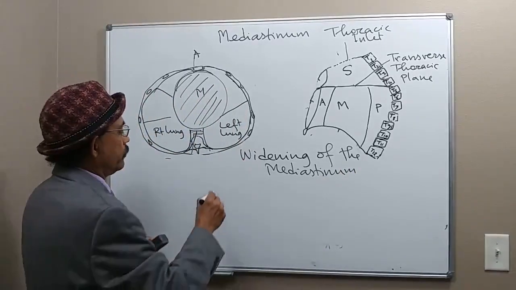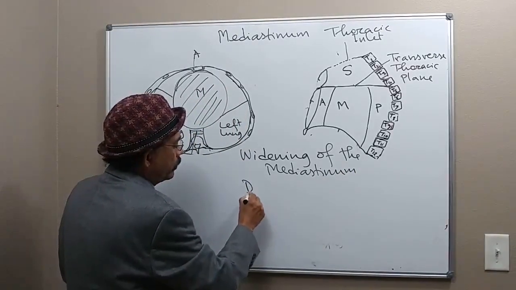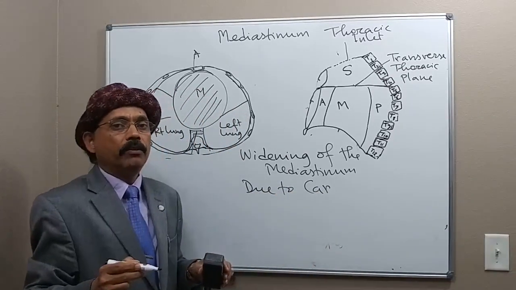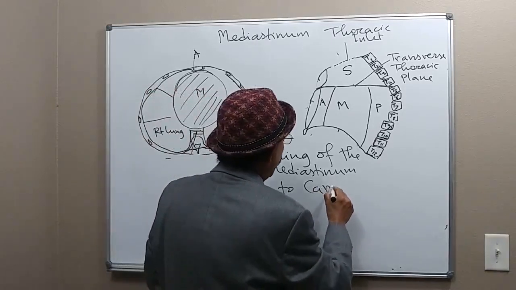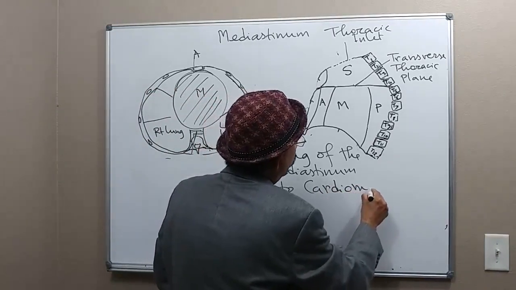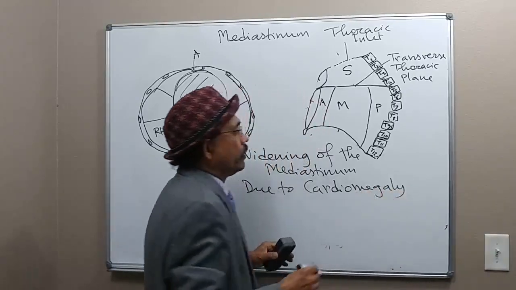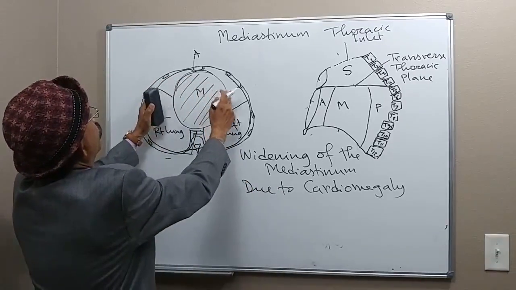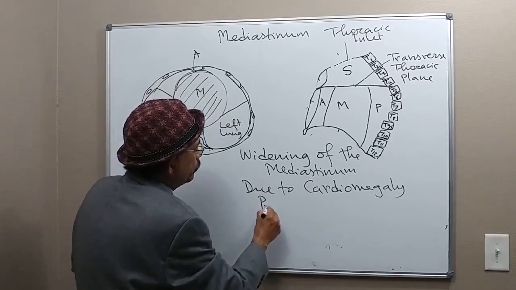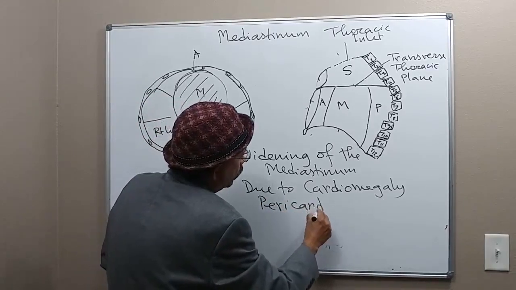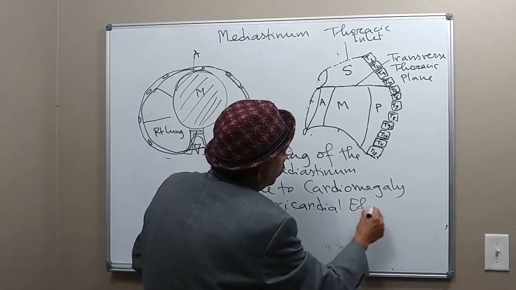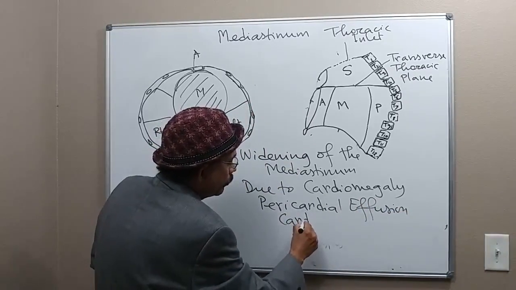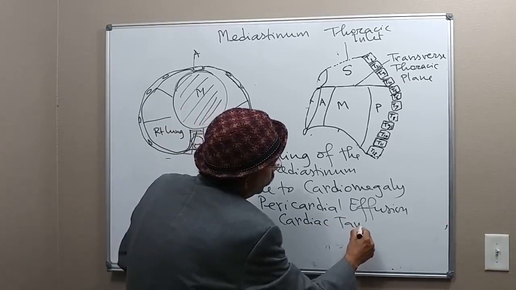It may be due to cardiomegaly, where the heart is enlarged. There may be left ventricular hypertrophy or biventricular hypertrophy. So the mediastinum may be wider due to pericardial effusion, or cardiac tamponade, which happens very quickly.